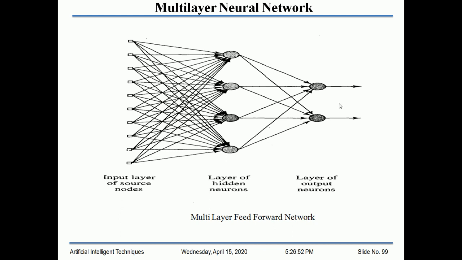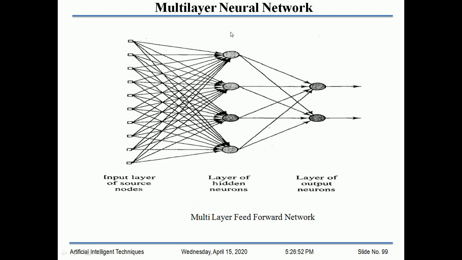Let me make it clear once again. If I know the desired output, the actual output will be compared with the desired values, and based on that error, the interconnection weights will be updated.